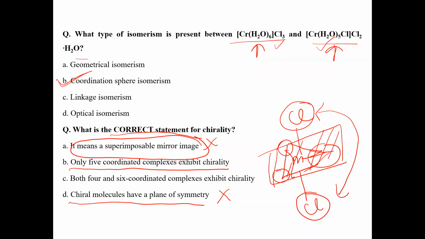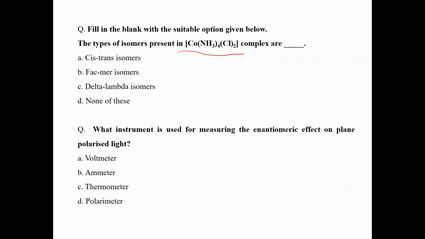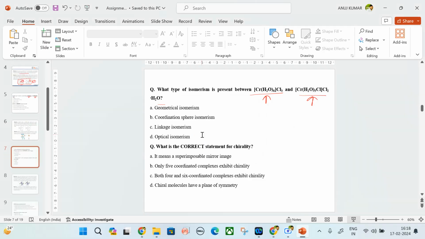If you have two structures and they are non-superimposable, they are chiral. Moving to the next two, you have to identify which type of isomers will be there in the structure of this complex.